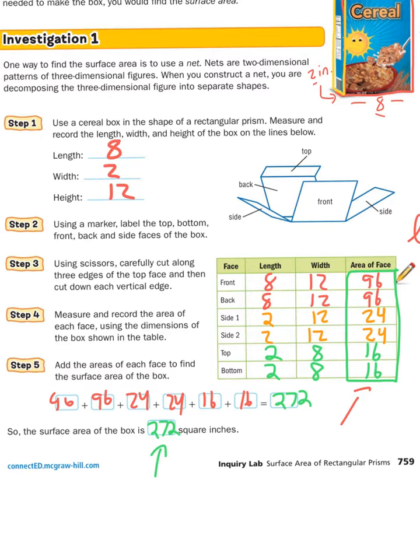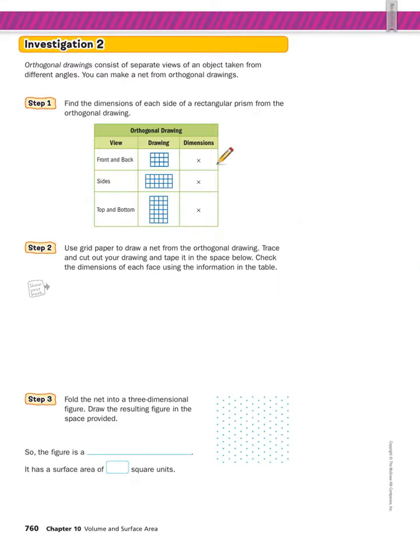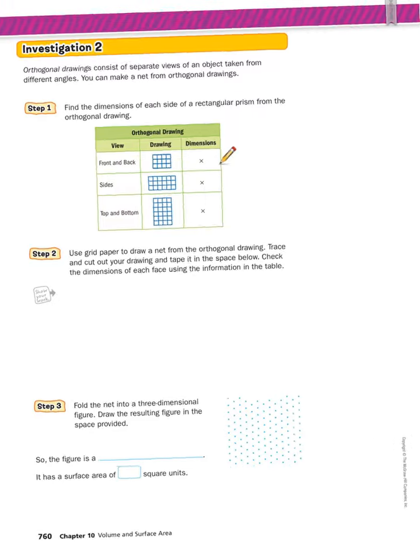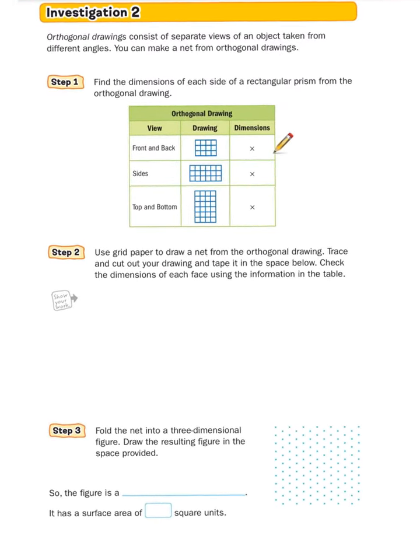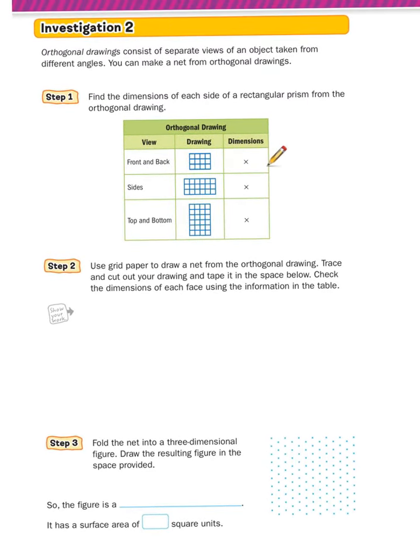Alright, next page. This one, I'm going to go through kind of quickly because we'll get to drawing here. And I want to show you this is called an orthogonal drawing, what it is, and how it can help you with surface area. So orthogonal drawings consist of separate views of an object taken from different angles. You can make a net from orthogonal drawings.